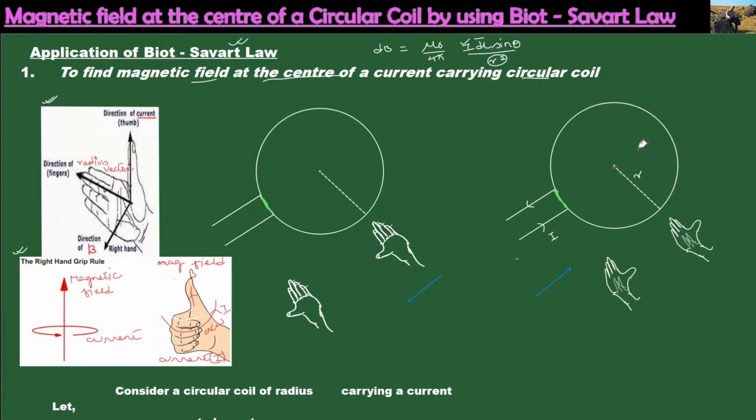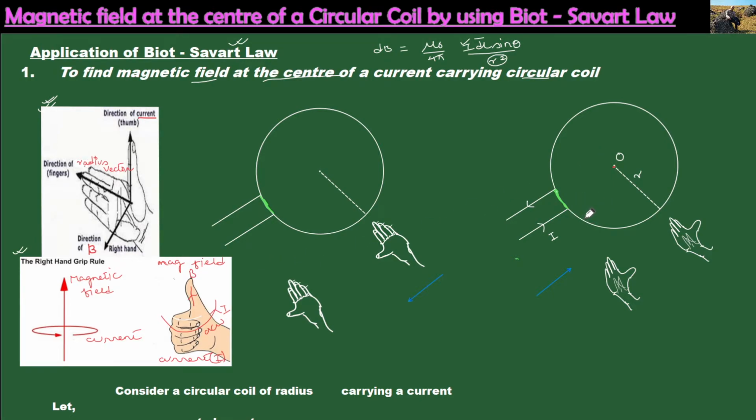If we are viewing on the screen, the magnetic field at this center O of the coil will be directed perpendicular to the plane, vertical and upwards. Again, making use of the right hand palm rule will be more effective to find the direction of the magnetic field at the center of the coil.